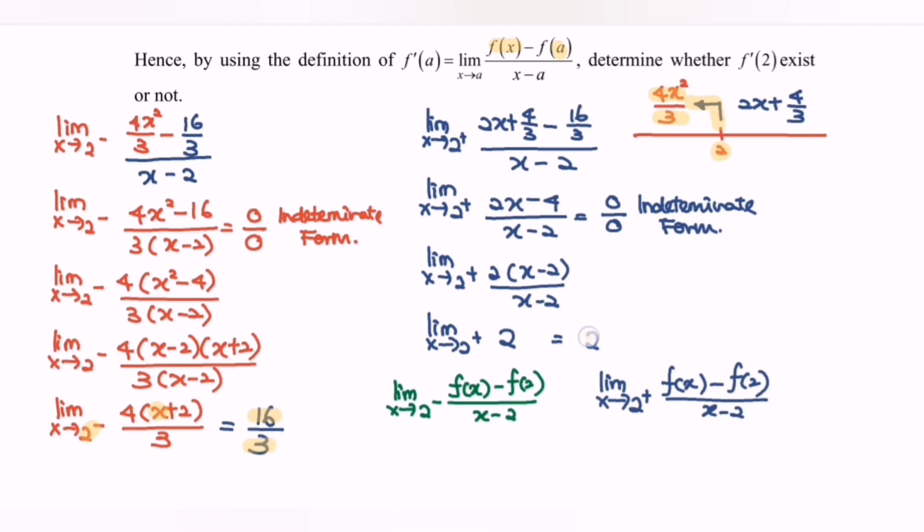For the right, we have 2. So in conclusion, the limit does not exist, meaning that f is not differentiable at 2, or we can say f prime 2 does not exist.